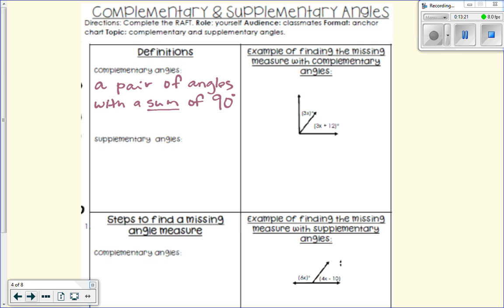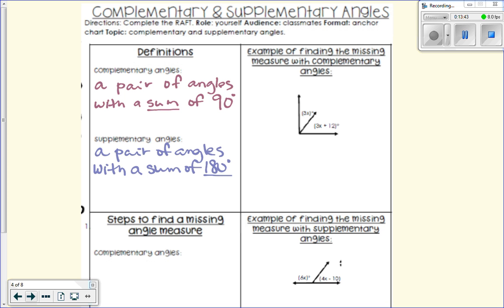Okay, supplementary angles, any pair of angles, separate or together, have a sum of 180 degrees.